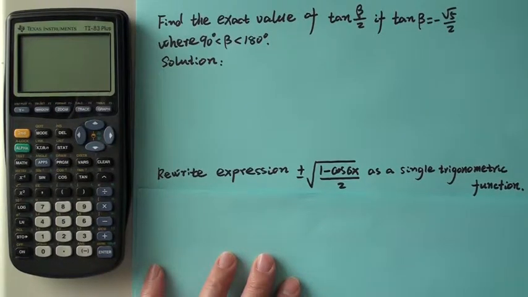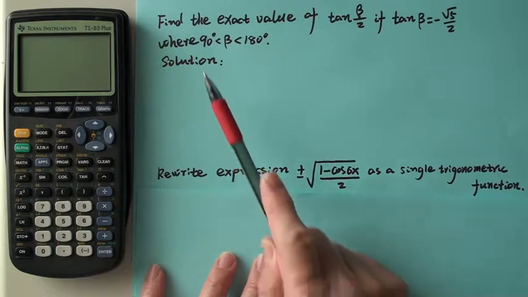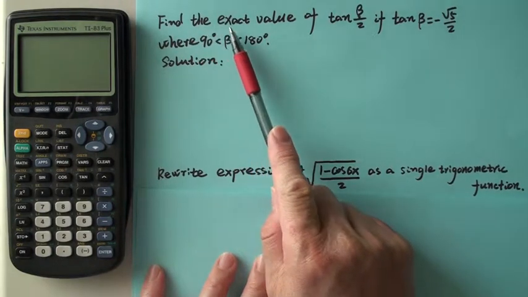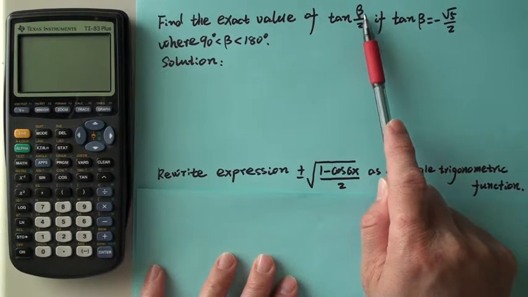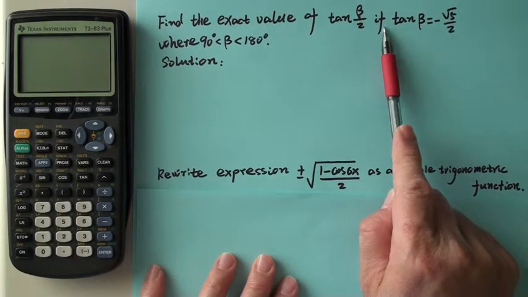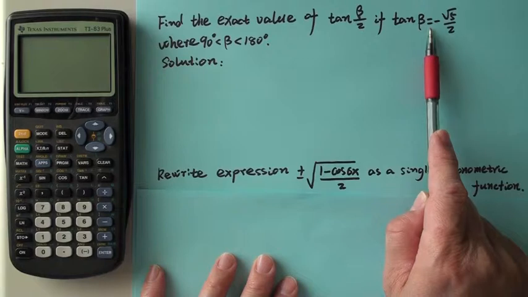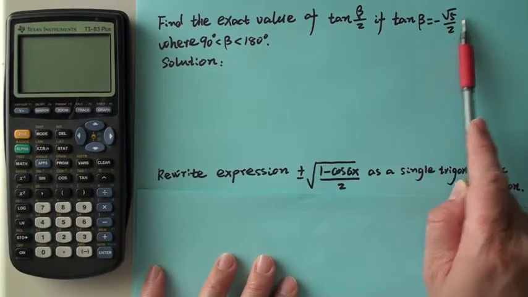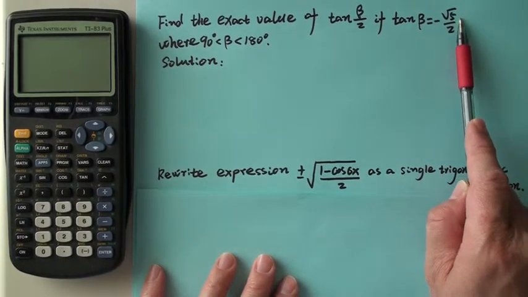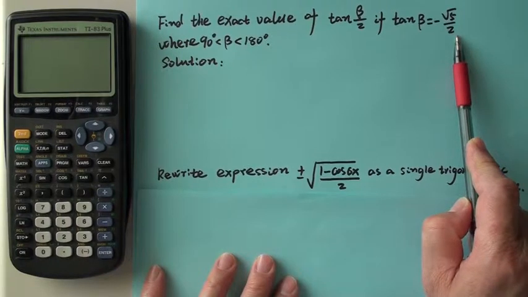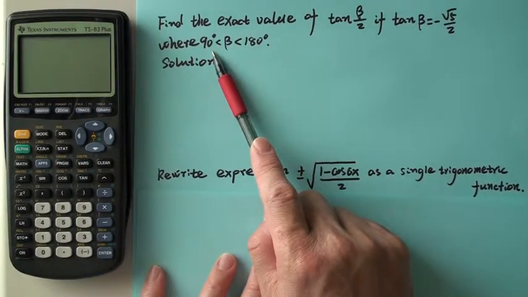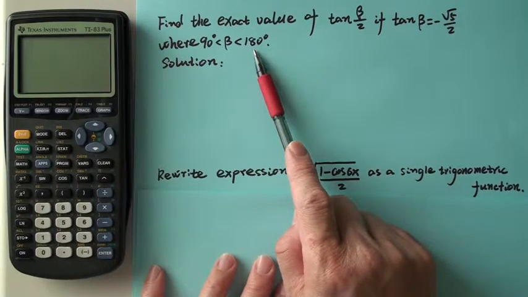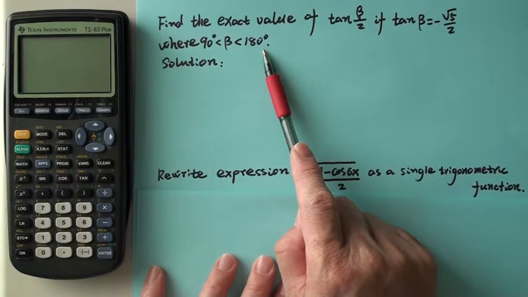In this lecture, we will talk about two examples. One is: find the exact value of tangent beta over 2 if tangent beta is negative radical 5 over 2. Here we know that beta is between 90 degrees and 180 degrees.